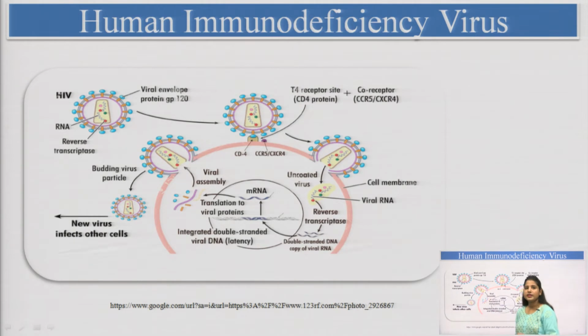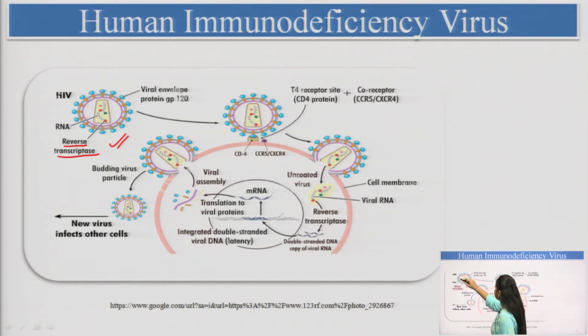Now, we will see a diagram where whatever we have discussed is represented. This is the HIV, human immunodeficiency virus, which contains the RNA genome. There is one enzyme present, reverse transcriptase, which helps in the conversion of RNA to DNA.